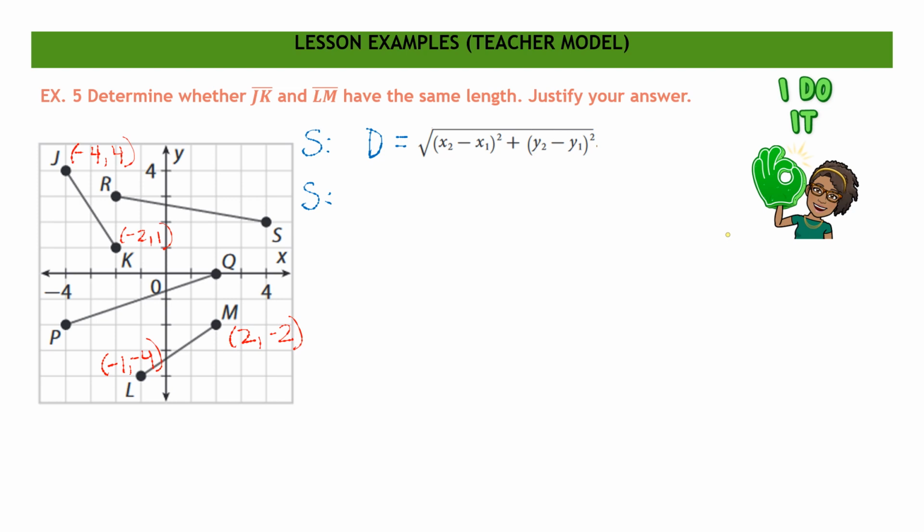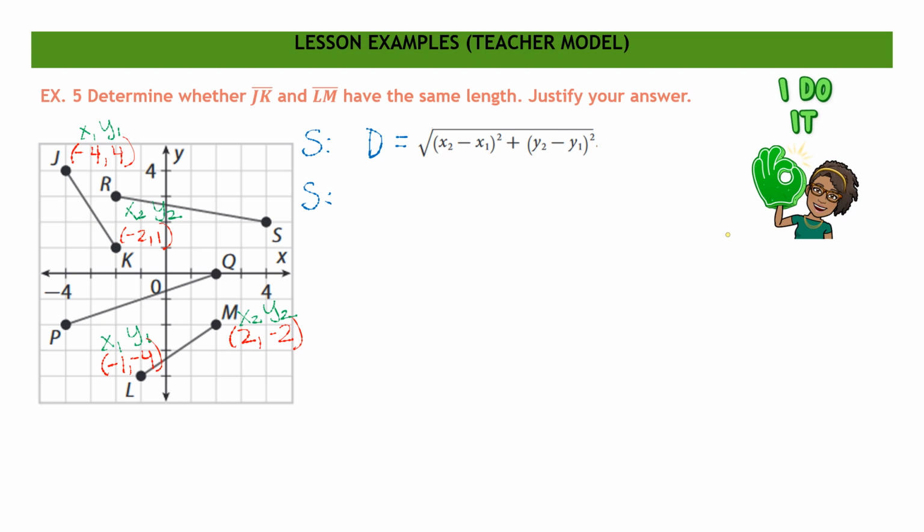So I have my first set of points here, which is x1, y1, and this is going to be my x2, y2. And I can do the same thing for my second pair of points, which is x1, y1, and x2, y2. So we just want to make sure that we are identifying the points that we have before we go ahead and use the formula to determine if they have the same length.